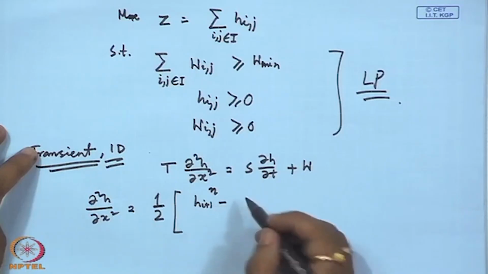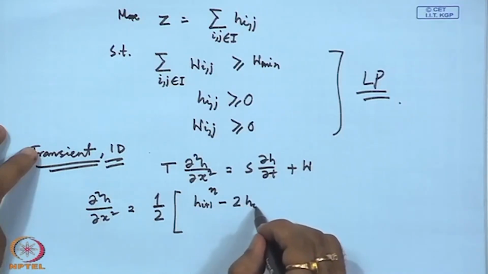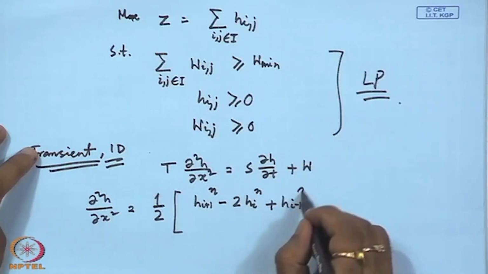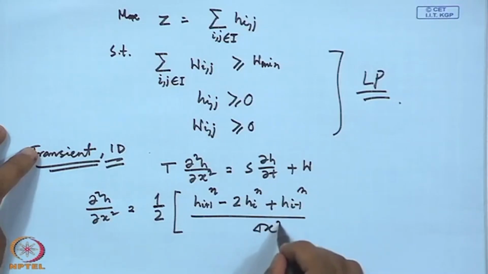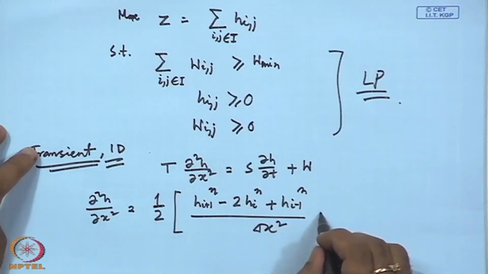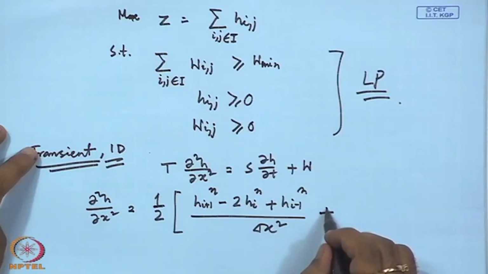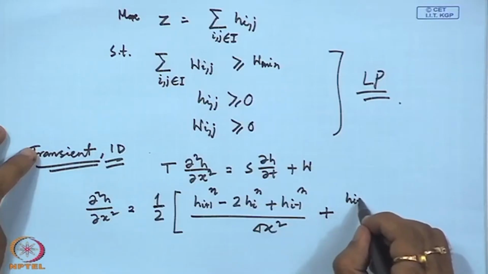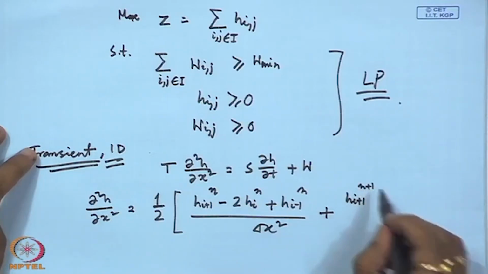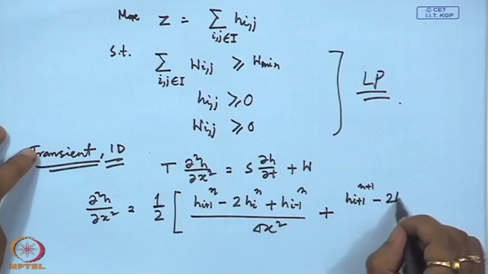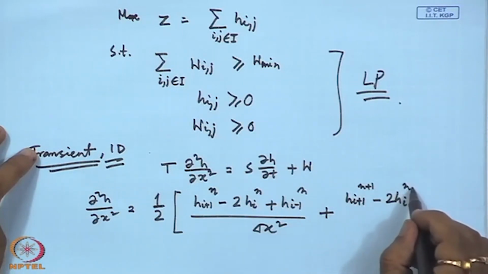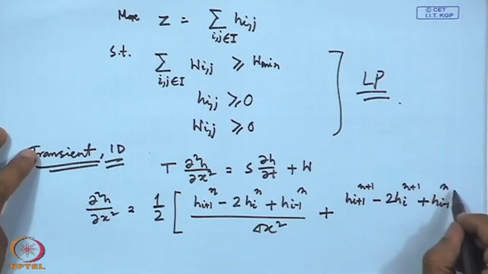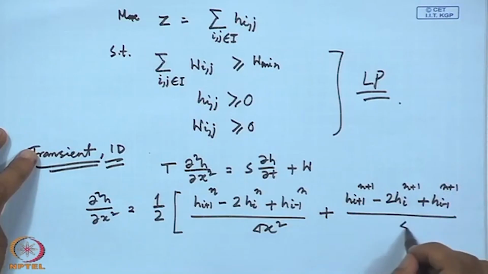So, this is basically h i n plus h i minus 1 n divided by del x square, plus our h i plus 1 at n plus 1 level, 2 h i at n plus 1 level, plus h i minus 1, that is also at n plus 1 level.